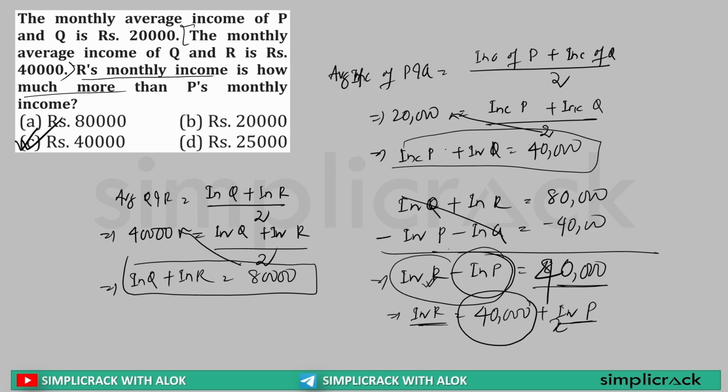See, here the thing is in the language. R's monthly income is how much more than P's monthly income. That is the whole crux here.